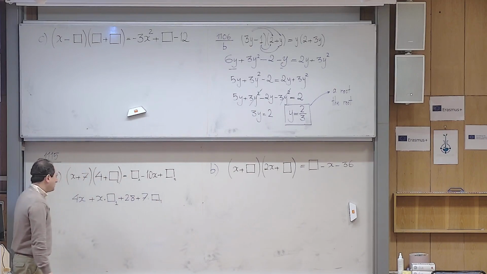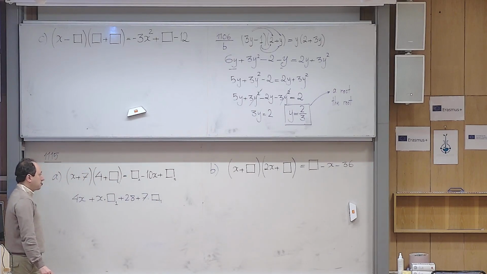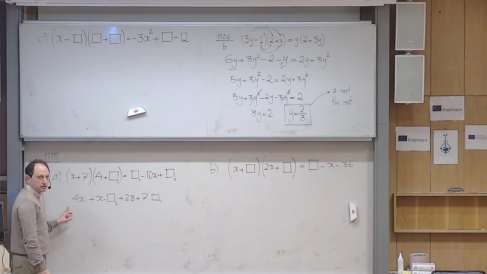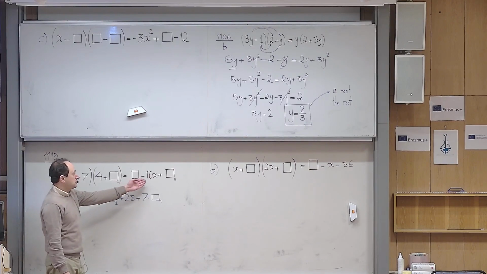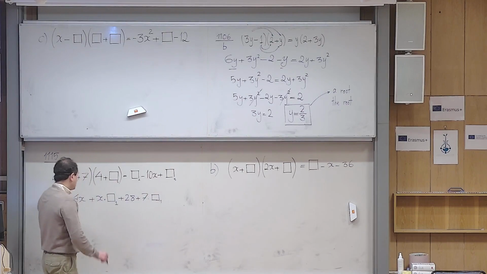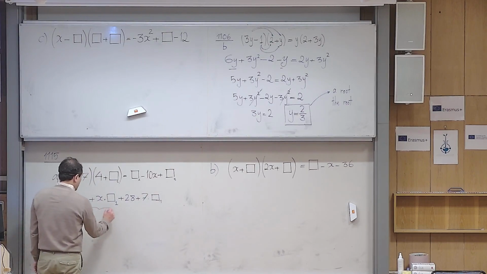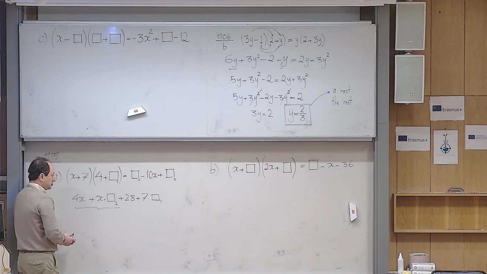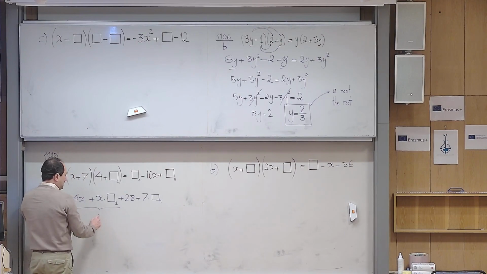Okay, so you now need to do something so that it works. I don't know, what is your instinct? I myself prefer to start from here, because the only information that I have on the right is the 1 for x. So this means I start asking myself, I want to have minus 10x here.